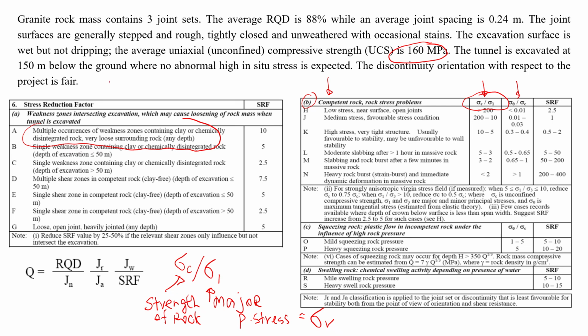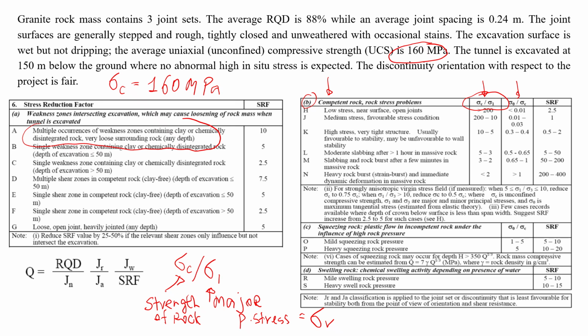I'm going to write here that sigma c is equal to 160 MPa. So it's just a number given to us, right? If we're not given the unconfined compressive strength, if, let's say, we are given the point load index strength, then we have to change it to unconfined compressive strength, and then this is what we use, right? So just don't make this mistake.